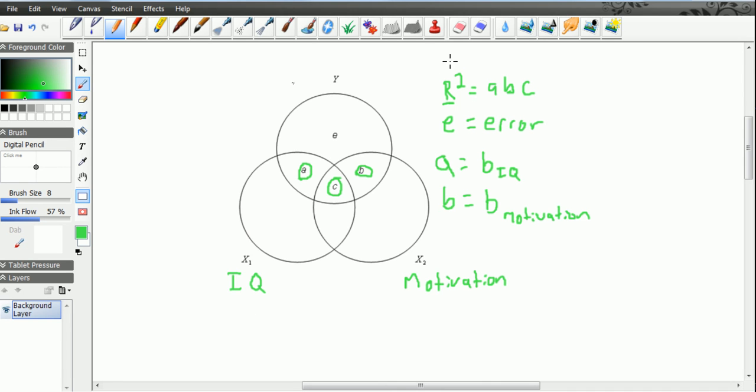For the most part in a regression analysis, the coefficients, the predictors, are interpreted in terms of their relationship with the criterion after partialing out the effects of the other predictors, right?